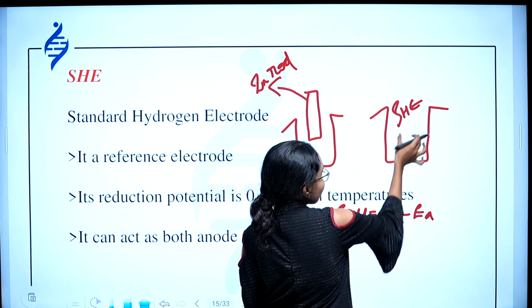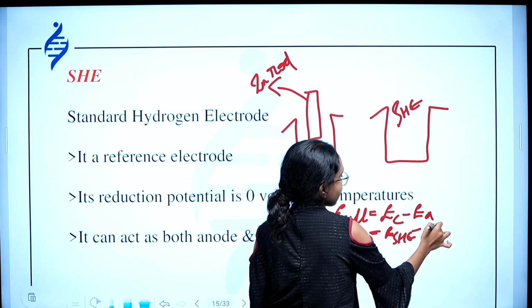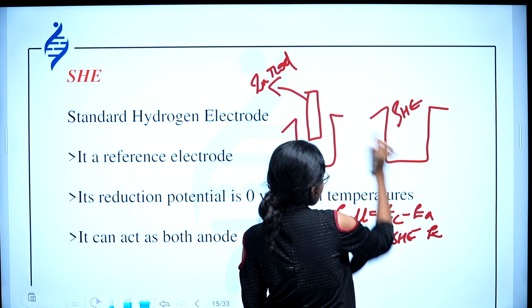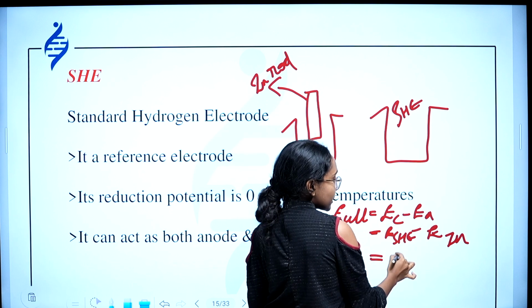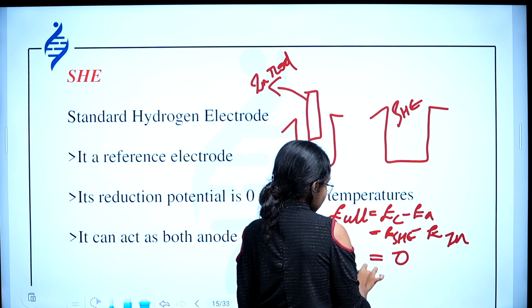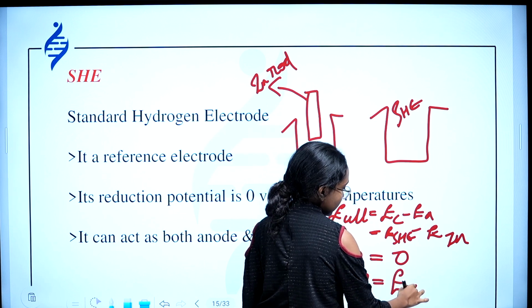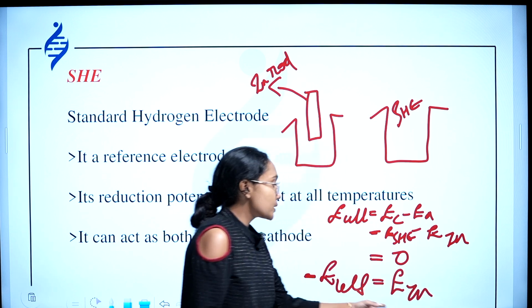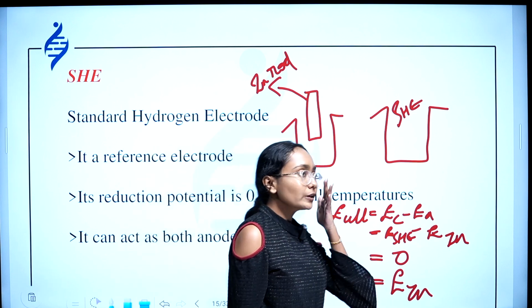Here the cathode is SHE and the anode is zinc, so E SHE minus E zinc. The potential of SHE is taken as 0. So from this we can tell that the negative of E cell is equal to E zinc. The potential of zinc is equal to the negative of the cell potential.